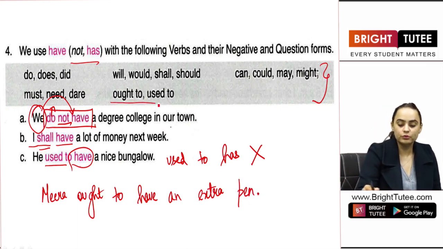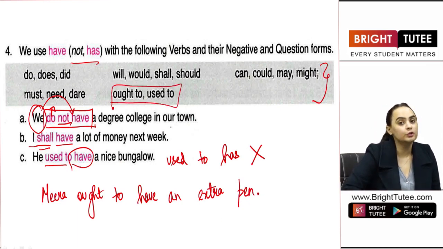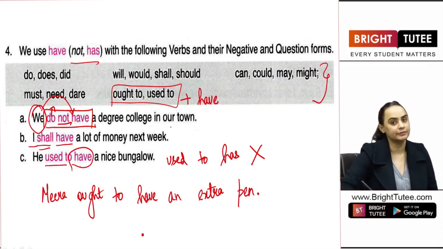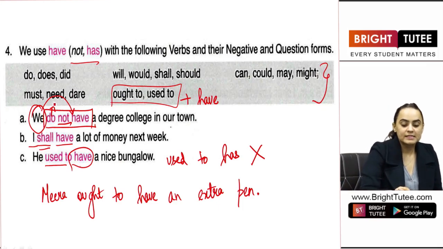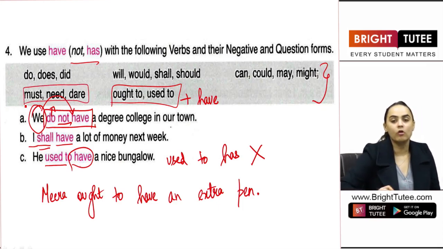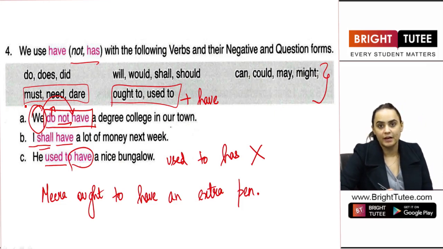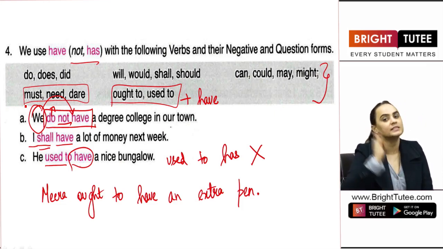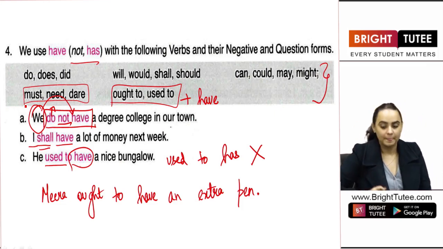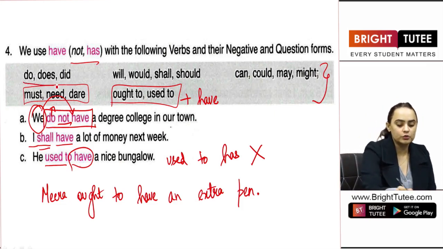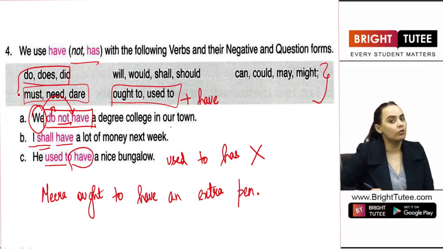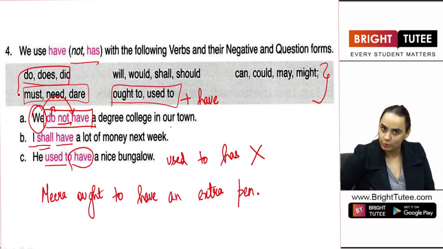So, if we use ought to or used to, we will always use have with it. Okay. Similarly, we will use have with all the modal verbs that we are using in the sentence after a subject. Similarly, with do, does, and did also, we use have, not has. Okay.